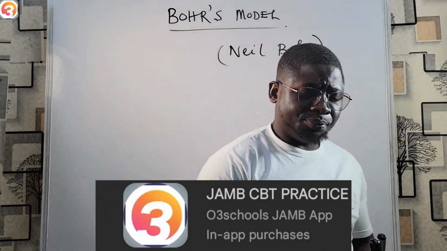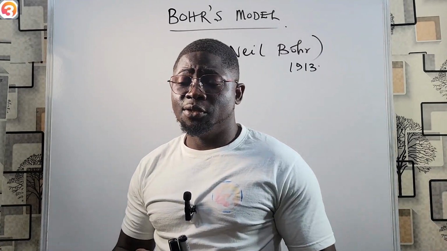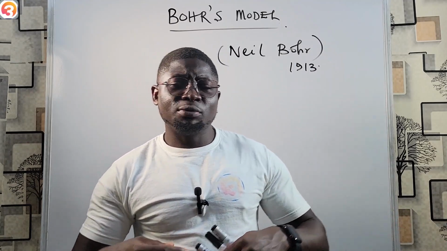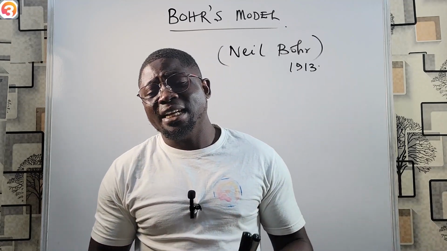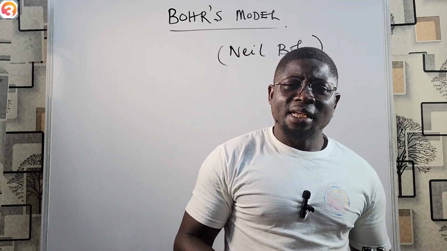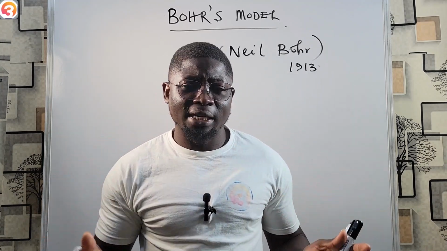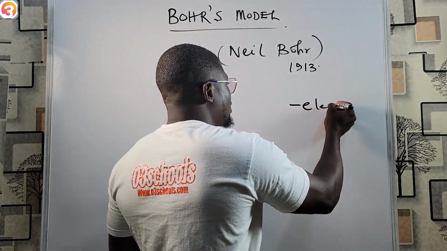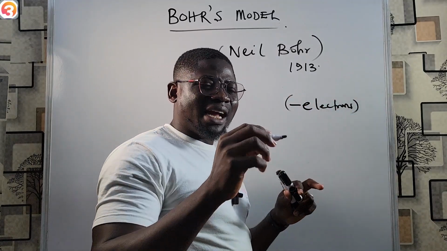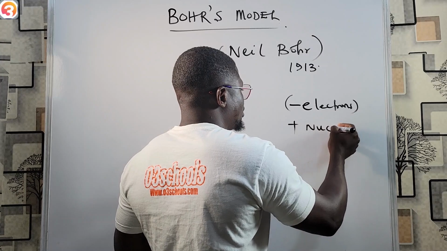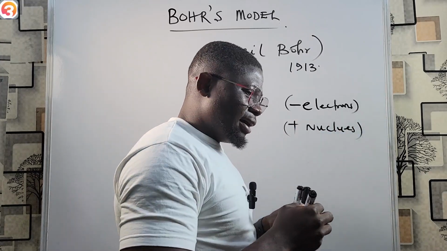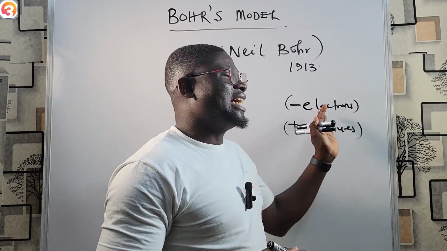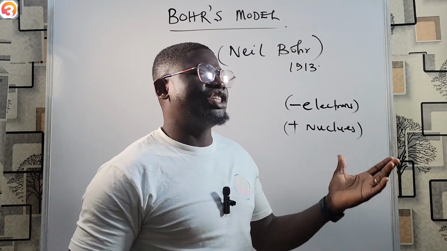If you have watched our previous episode on Ernest Rutherford's model, you will discover that the assumptions of Niels Bohr are similar to those of Ernest Rutherford, in that Niels Bohr proposed a planetary model whereby negatively charged electrons orbit around a positively charged nucleus.